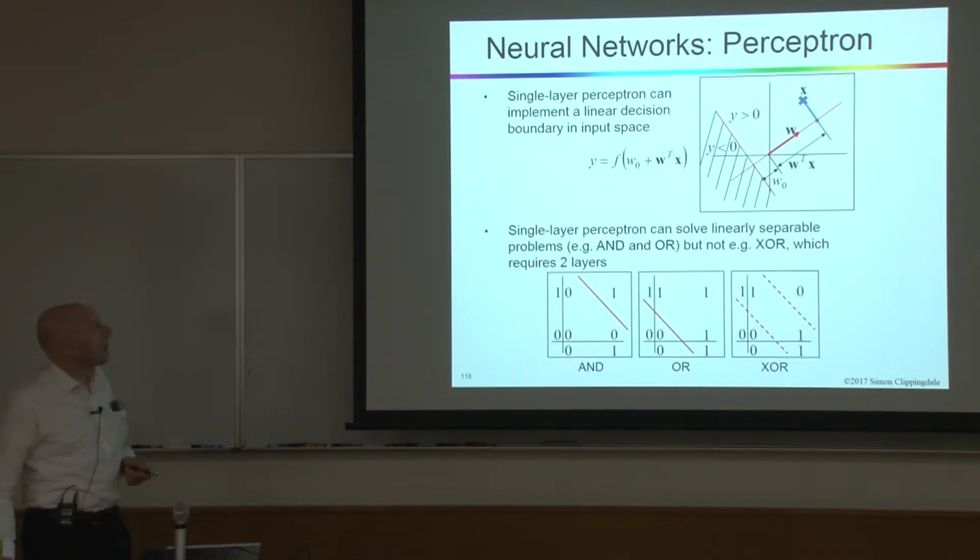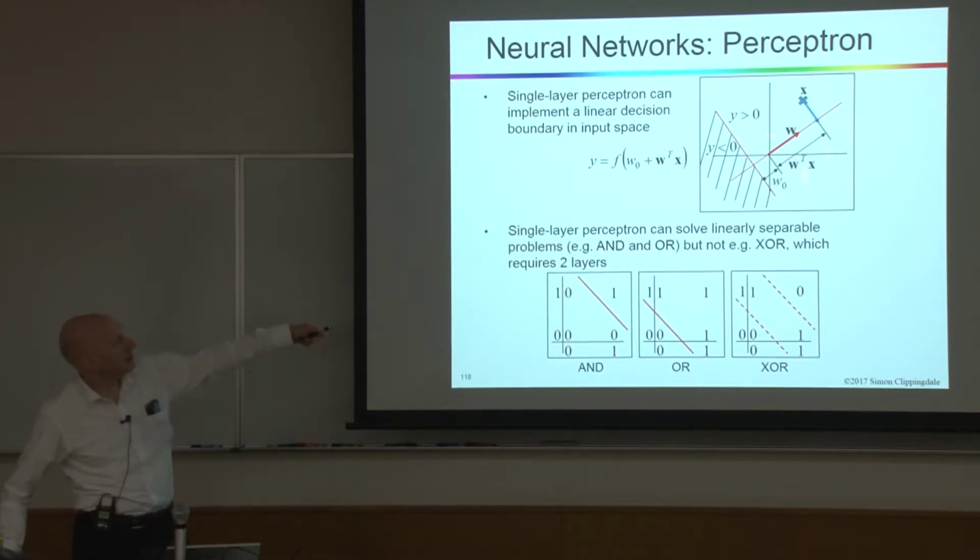Okay, so a single layer of these things, or a single perceptron, in fact, single unit, can implement a linear decision boundary. So if you assign -1 or +1 when this thing is positive or negative, you can do a classification like this.